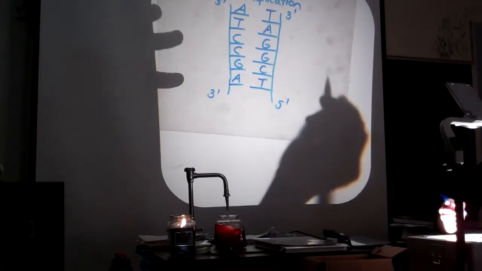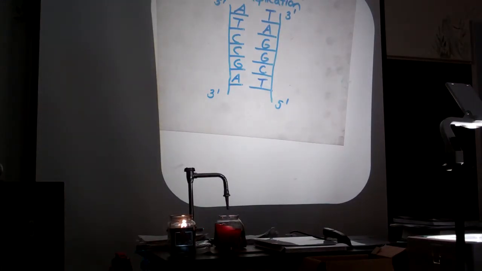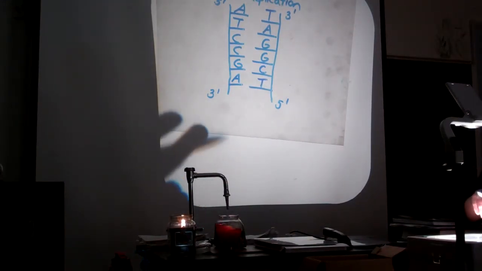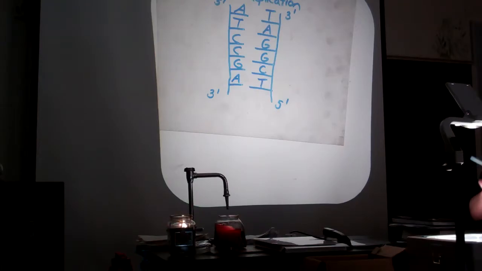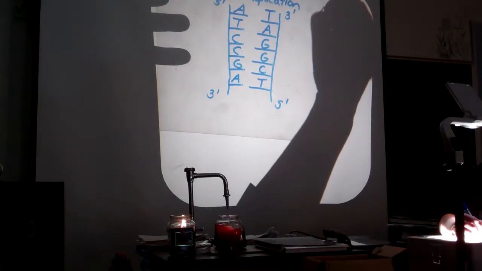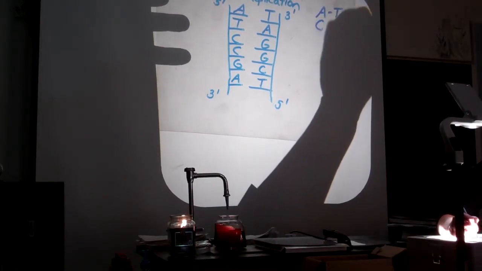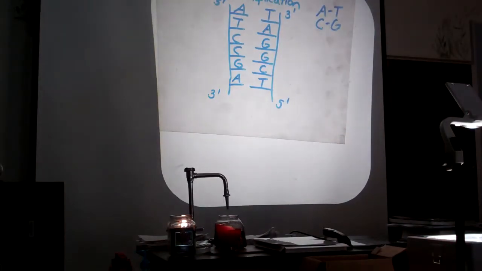Please do not confuse this with U's. We are only talking about DNA here. Monday, when we talk about the completely other process where we bring RNA into the picture, then you'll talk about the U's. For now, with DNA replication, these rules of base pairs will always apply and nothing else.